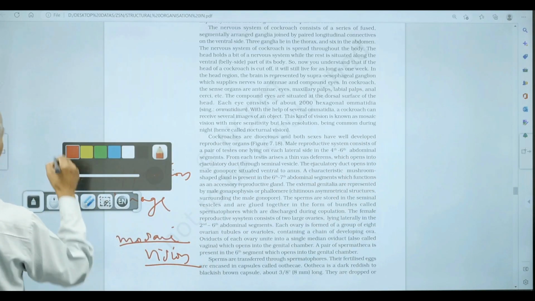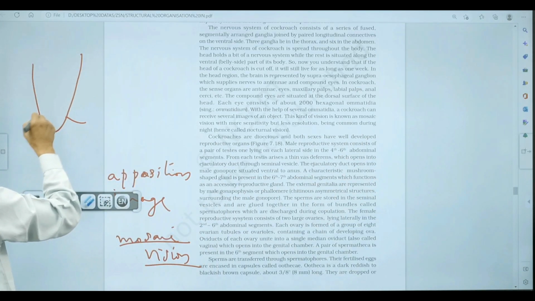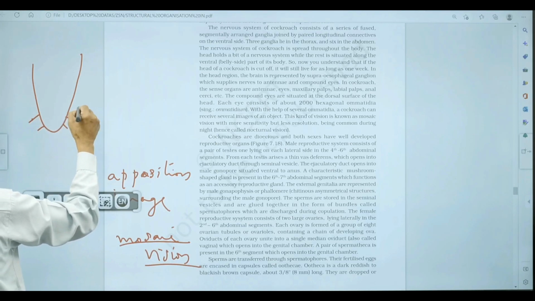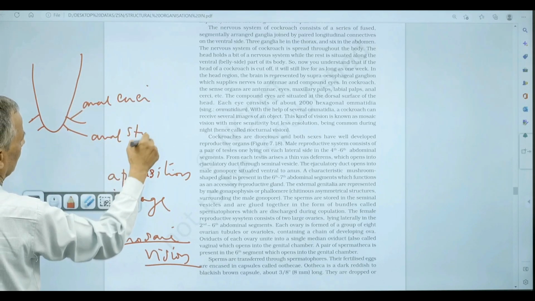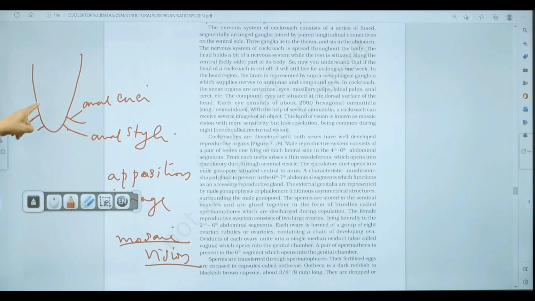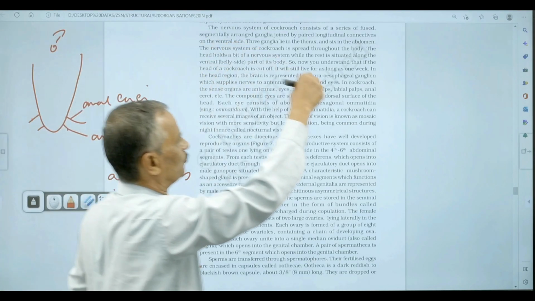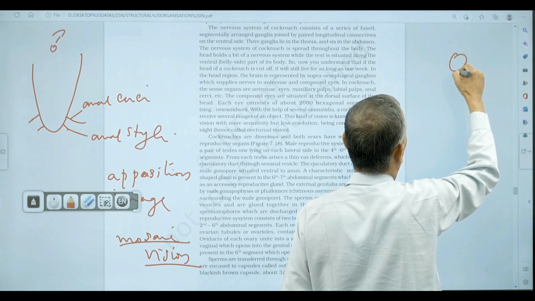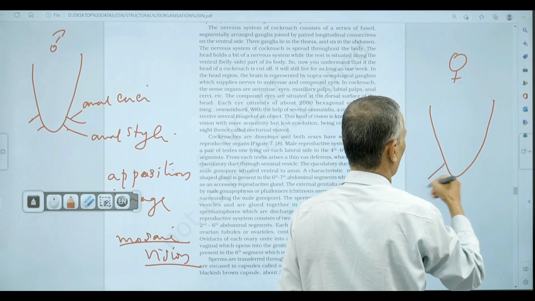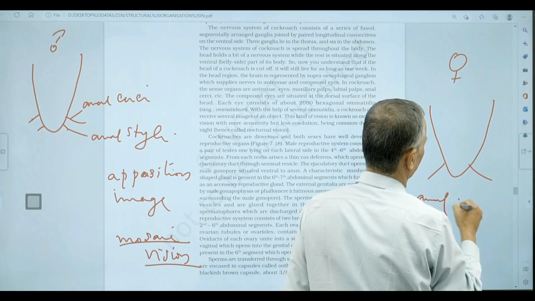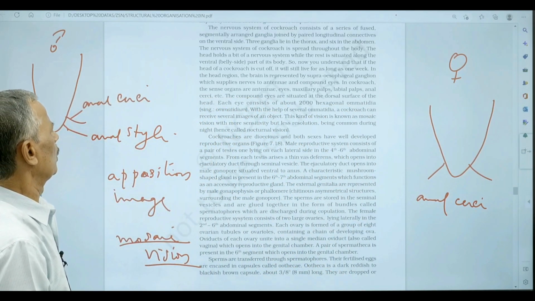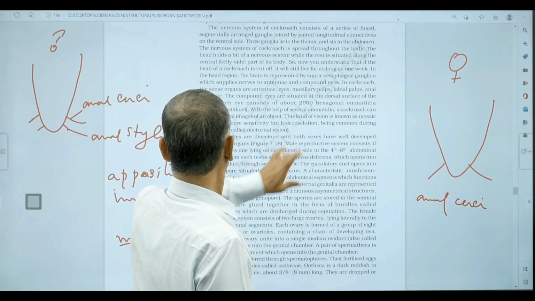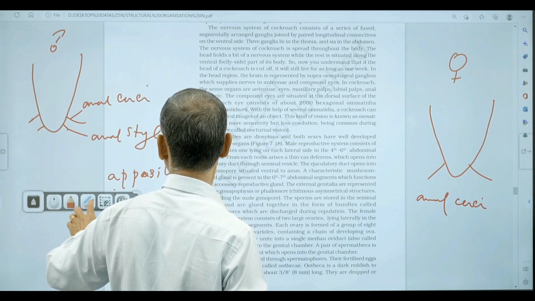These are anal cerci, which are for hearing, and anal styles, which are copulatory in nature. This is the posterior part of the abdomen of a male, whereas a female has a broader abdomen with only anal cerci, anal cercus singular, cerci plural, which is a hearing organ. Okay. So, males and females can be easily distinguished.